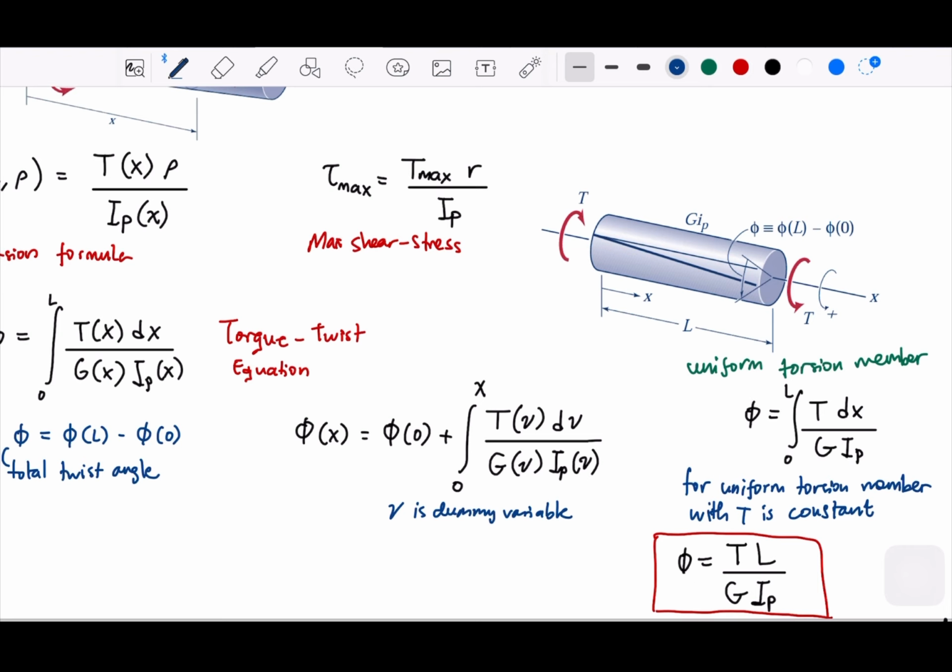And we now have the torque twist equation.